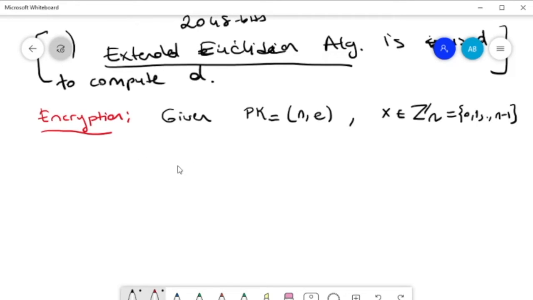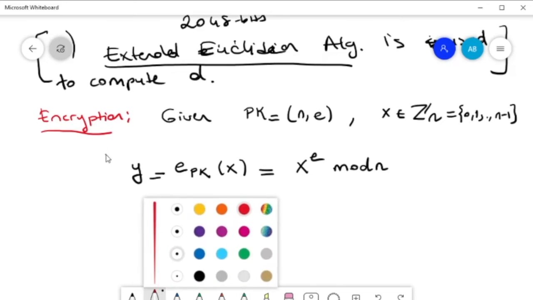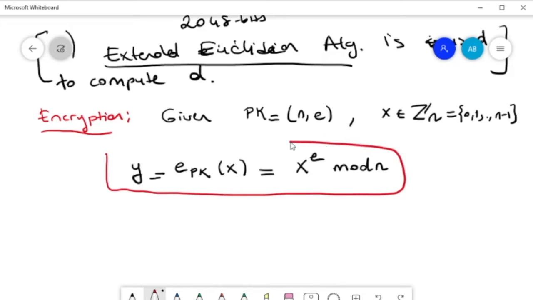The encryption function is: the encryption under PK of x, where x is the plaintext, gives the ciphertext x to the power e modulo n. That's it. This is the encryption. We just take the exponentiation of x to the power e in modulo n.